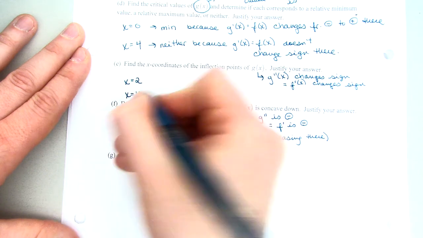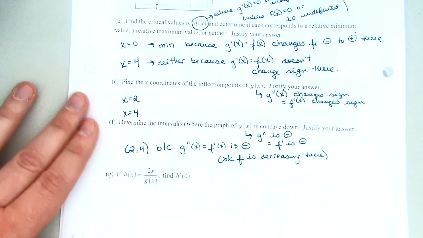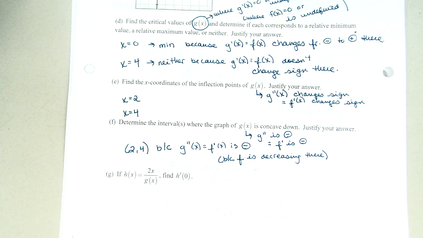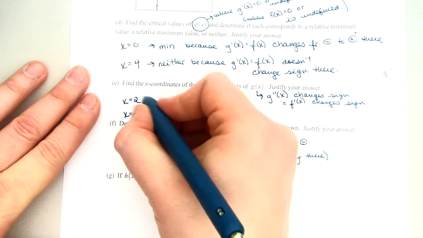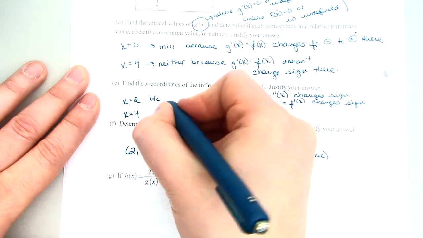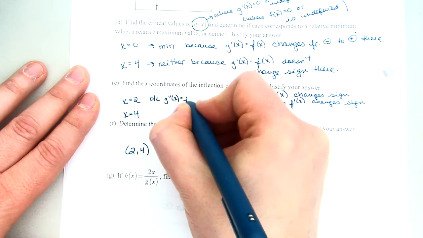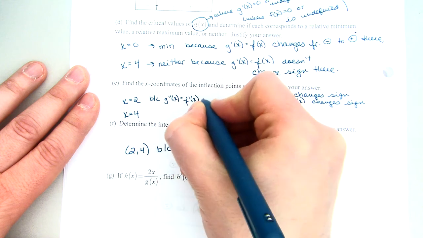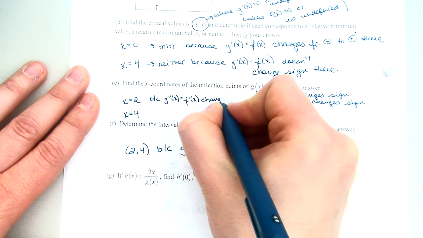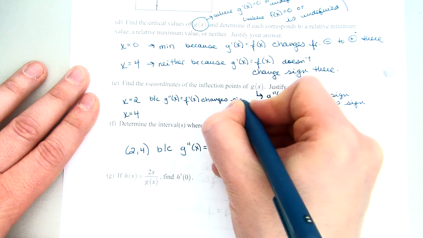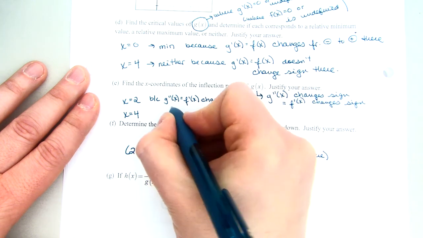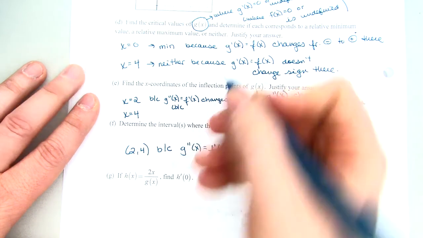Here's where their extra piece gets a little bit annoying. Why is there a point of inflection at x equals 2? Because G double prime of X, which equals F single prime of X, changes sign. And how do I know that?